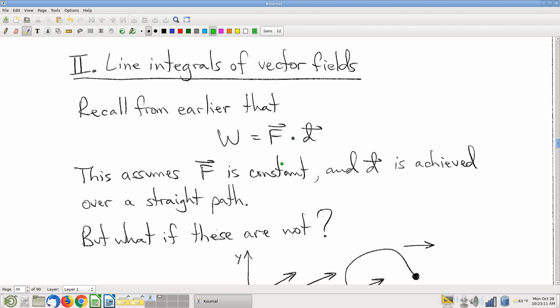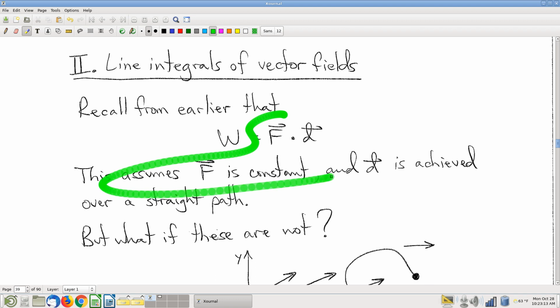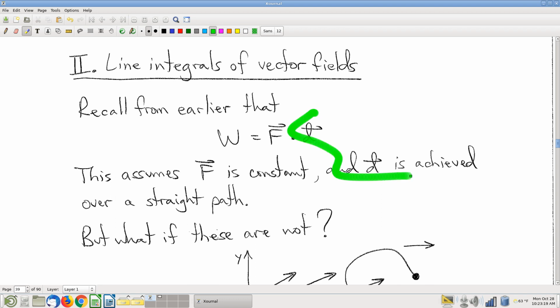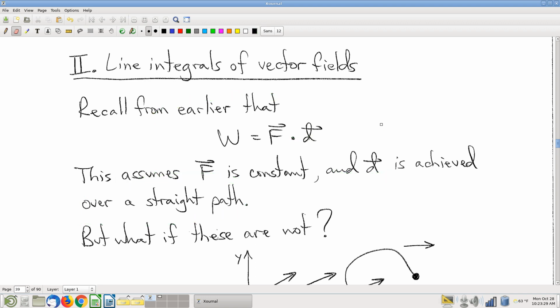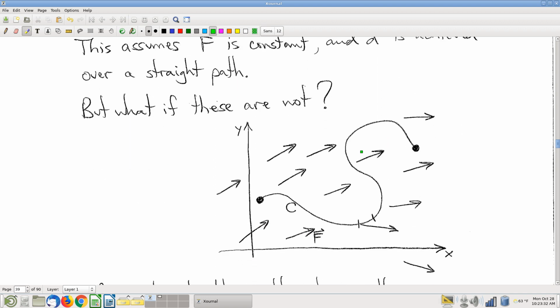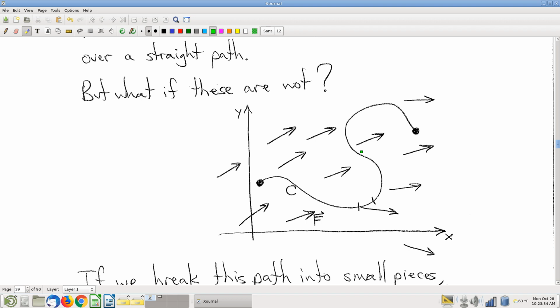But it still has a problem. This assumes that the force is constant over the entire task, and it also assumes that the displacement is over a straight path. Well, both of these are highly implausible. Right? In most things that we do, how often do we go in exactly a straight line? How often is the force actually a constant?